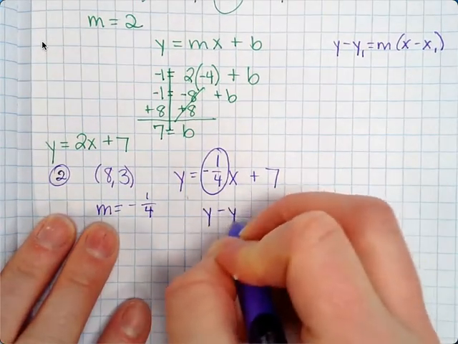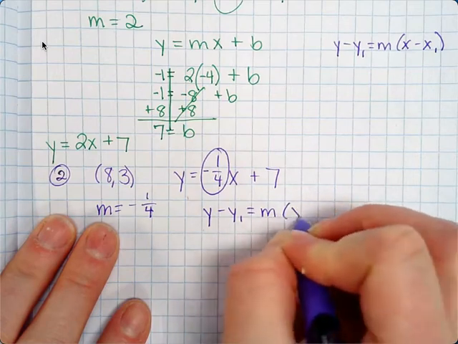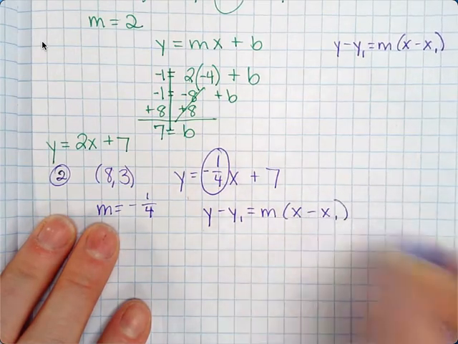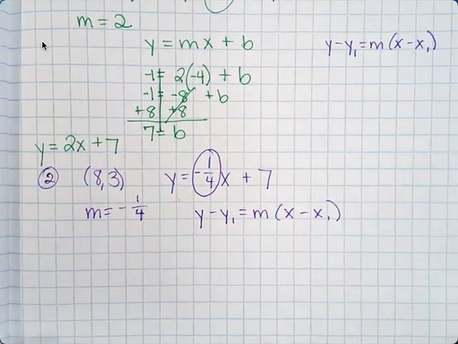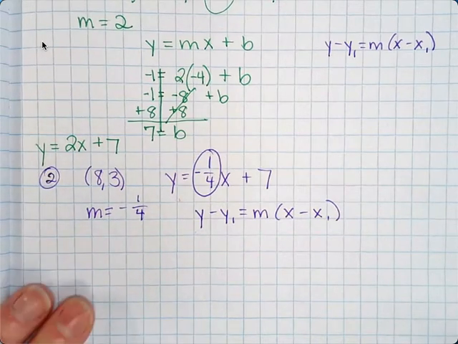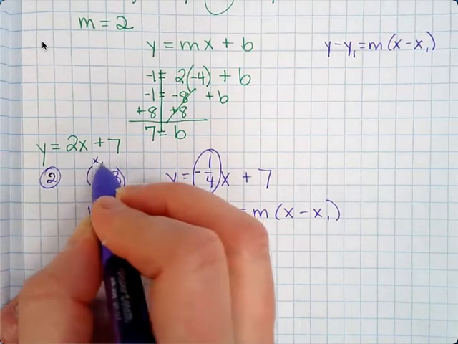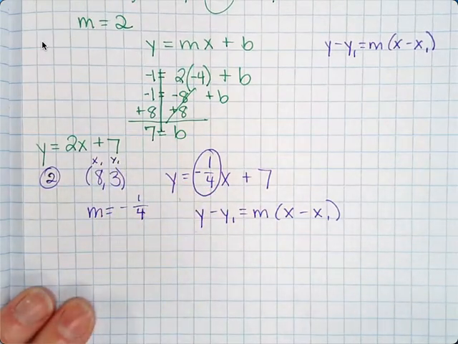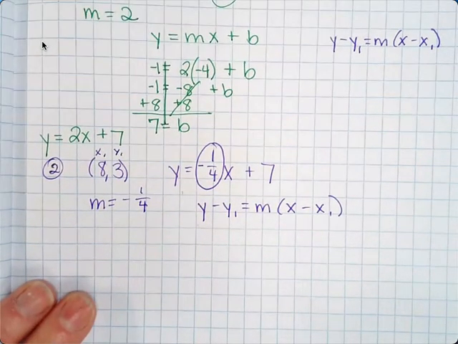y minus y1 equals m times (x minus x1). Okay, so this is x1, y1. So let's plug in and then solve for y.